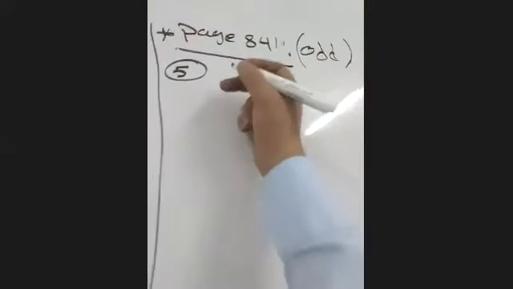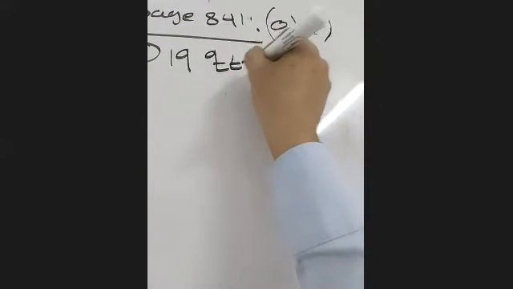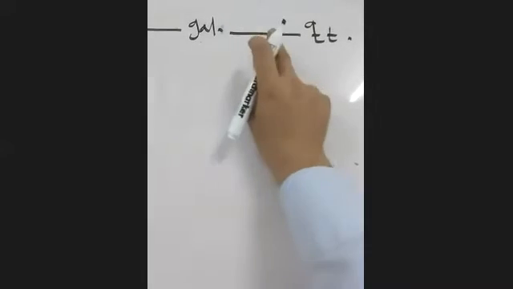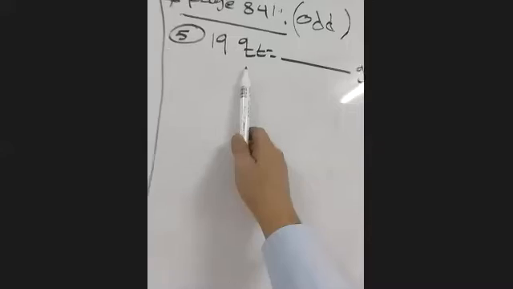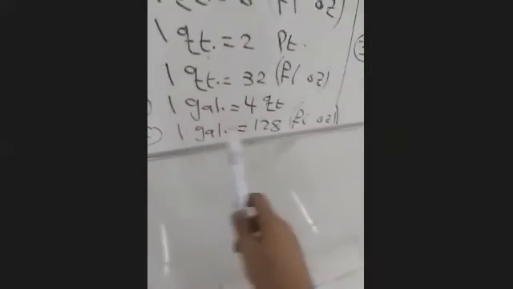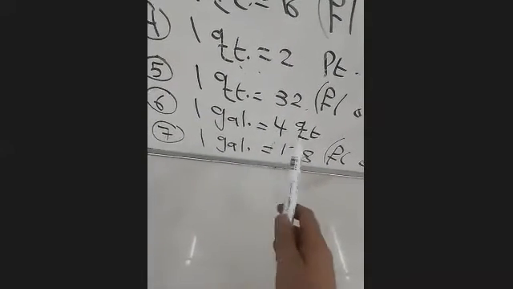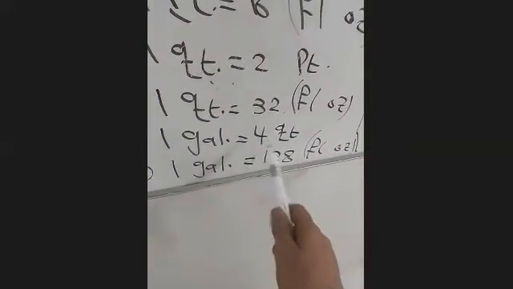What do we have? 19 quarts. How much in a gallon? Gallon, and another line, quarts. Good. We said if we have something like this, we put the remainder here. Remember? I want to turn it from a quart to where? To gallon. Do we have a quart and gallon here? Yes, from a quart to gallon. What do we do? Divide. From smaller to bigger, we divide by how much? By 4.